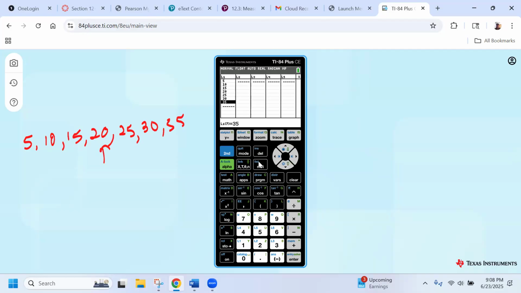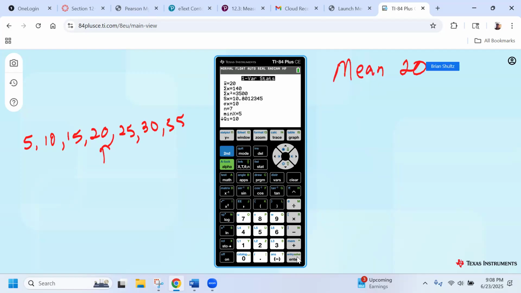Now calculate, one variable stats, number one, list L1. That's where I'm working out of. Go down to calculate, enter. This has a mean of 20.